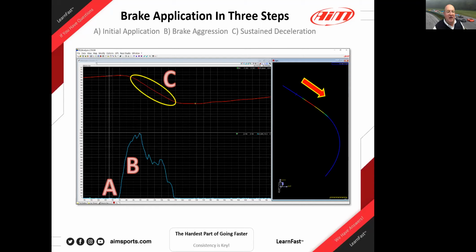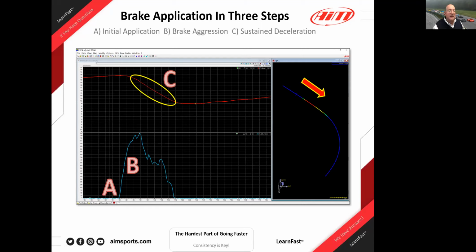Basically, you have the initial application. Now, we looked at that a little bit in the last slide, which should occur as soon as possible after the cessation of maximum throttle. So we have initial application, which is really nothing but the point at which brake pressure starts. The second, we have brake aggression. Brake aggression is something that I first heard from George Seegers at a seminar that he led at PRI in 2007 or 8.